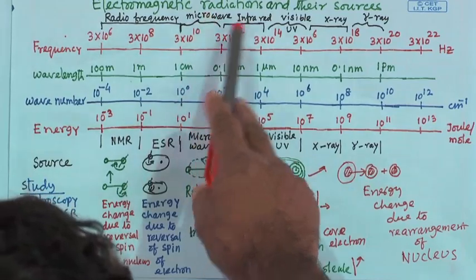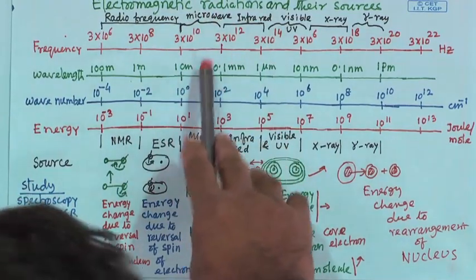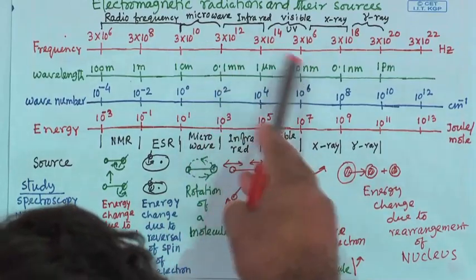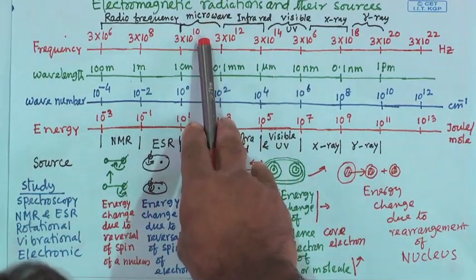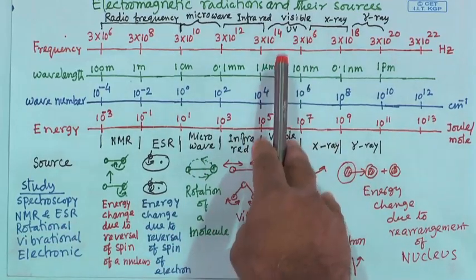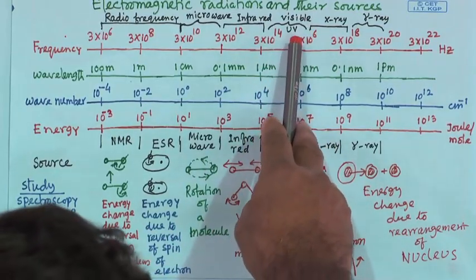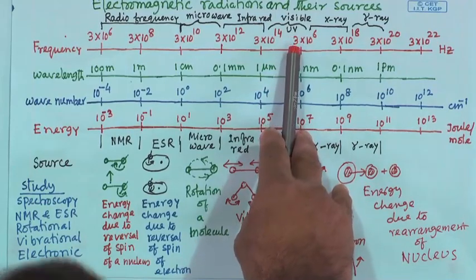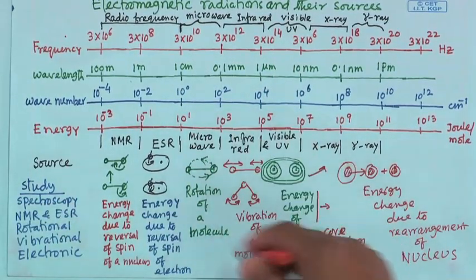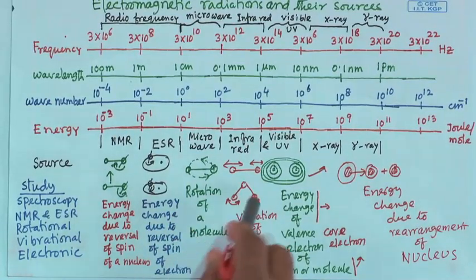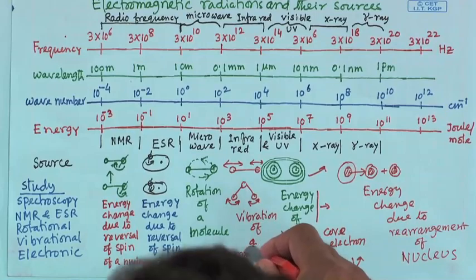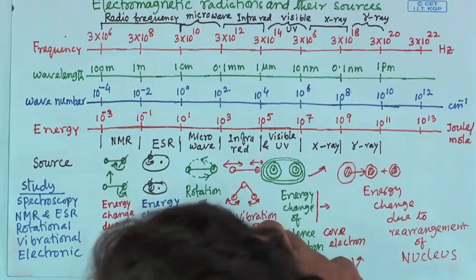They give electromagnetic radiation of different wavelength or frequency, called microwave, infrared, and visible and ultraviolet rays. This is basically our subject.